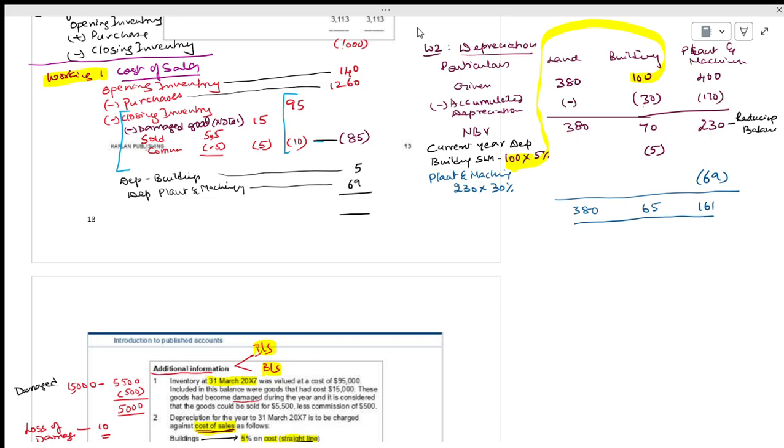Total how much will you get? Check again: 140 plus 1260 minus 85 plus 69 plus 5. 1,389. Good.